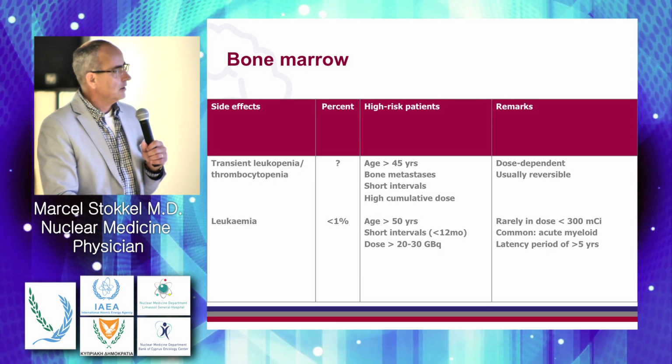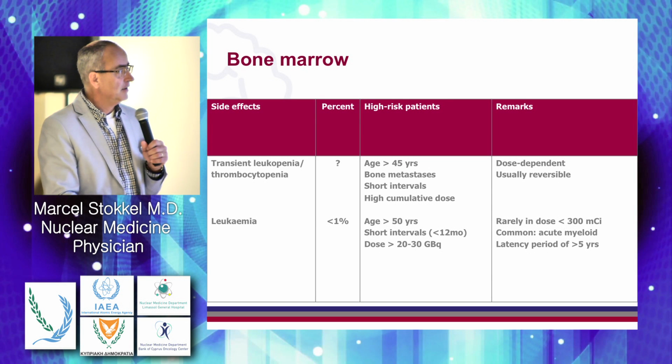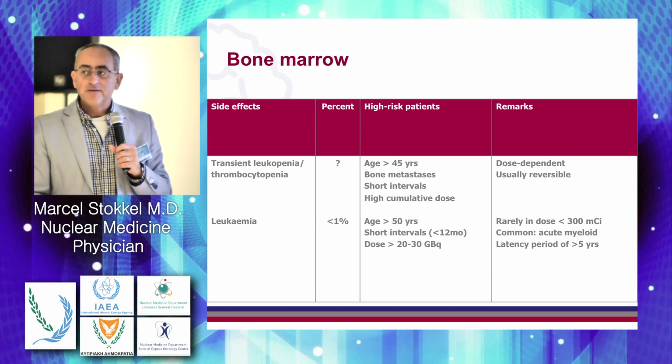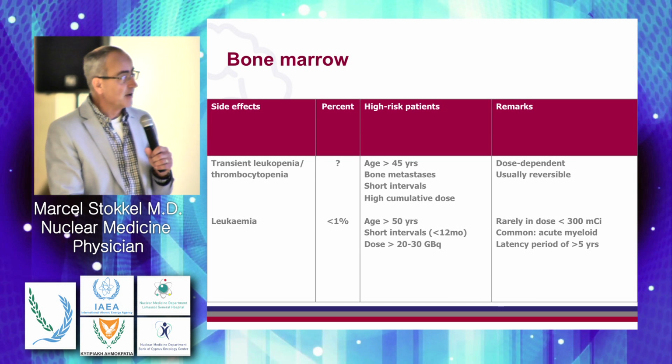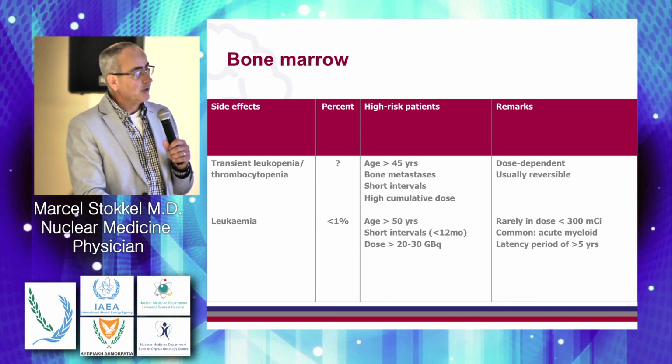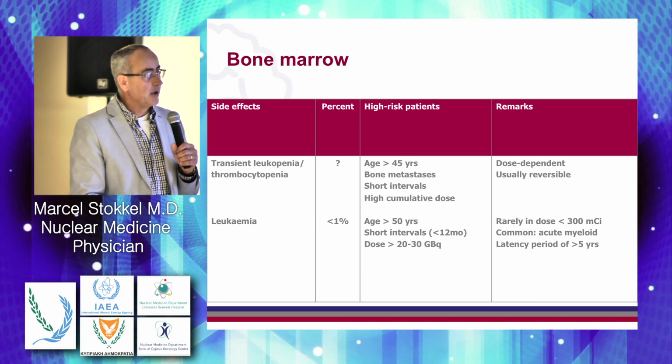And finally, again, leukemia, second primary tumor, a stochastic effect. The incidence rate is still rather low, less than 1%. There are, of course, some risk factors: elderly, short intervals, and a dose higher than 20 or 30 gigabecquerel.